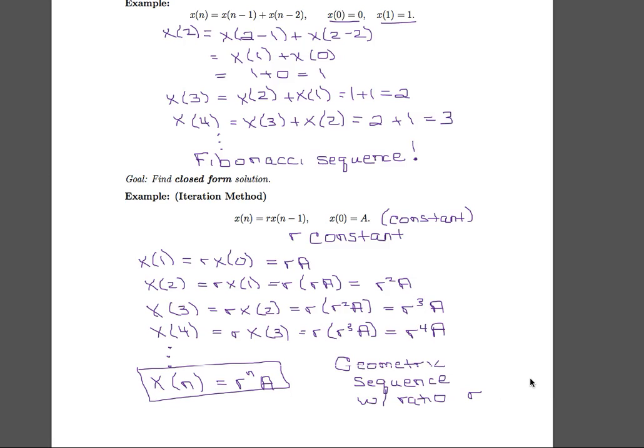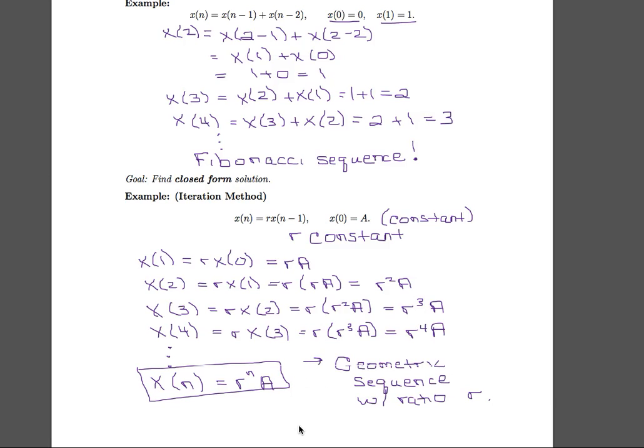And basically that just means that each term in the sequence is the previous term times that ratio r. Right? So we started with a, then we went to ra, then r squared a, so on and so forth. So anytime that from one term to the next you're just multiplying by the same constant value, that's called a geometric sequence with ratio r. So that's just good to know.